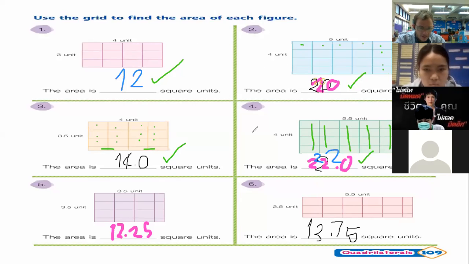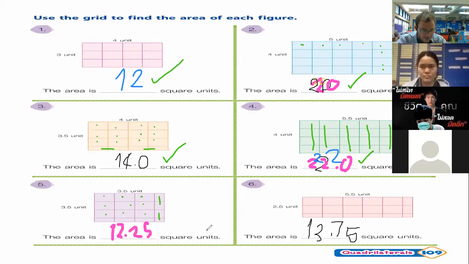The next one is 3.5 times 3.5. So you have 1, 2, 3, 4, 5, 6, 7, 8, 9. But this one is not as easy because these ones look like they might be even smaller. So this one is 1. This one is 0.75, I would say.